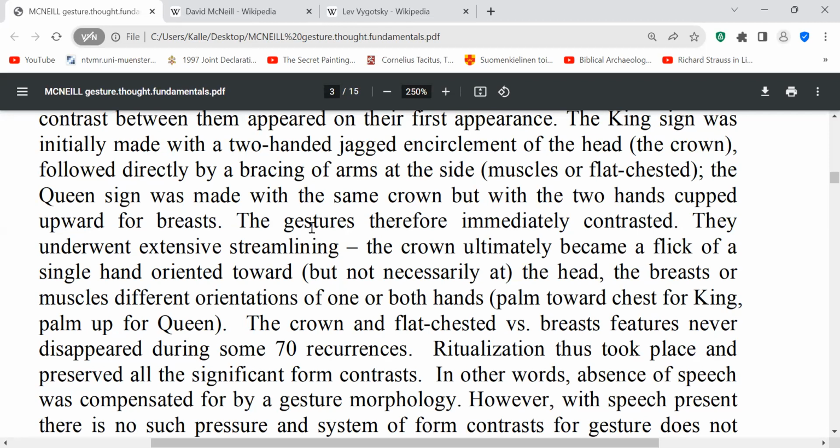They underwent extensive streamlining. The crown ultimately became a flick.